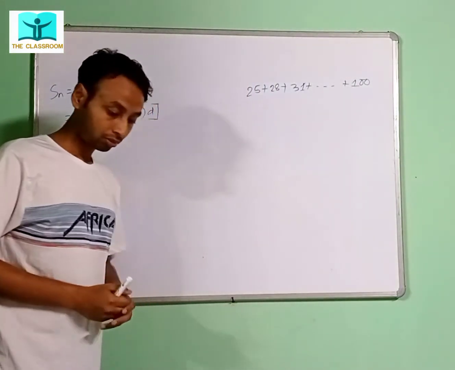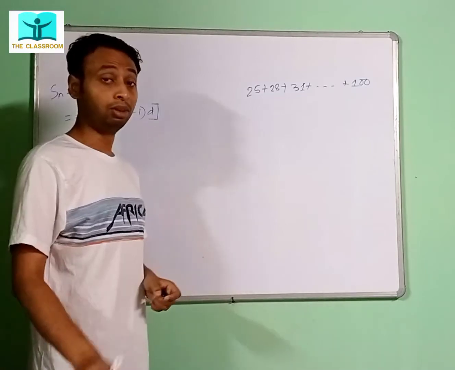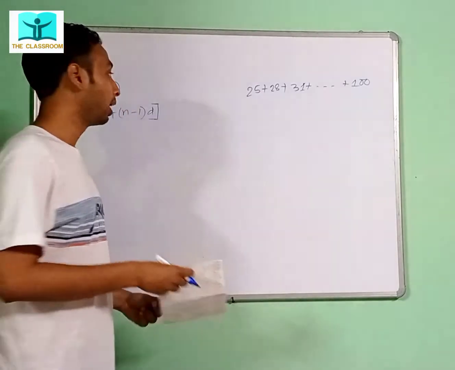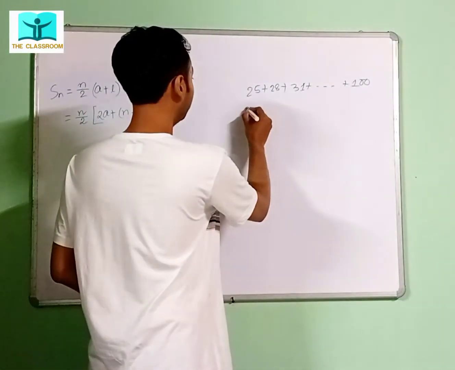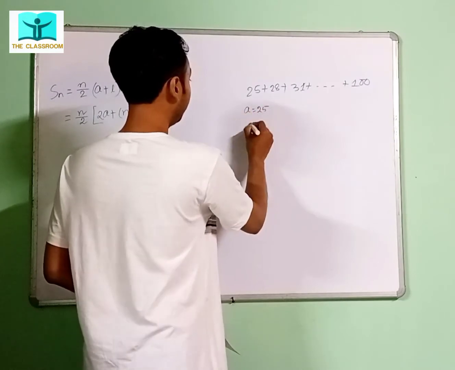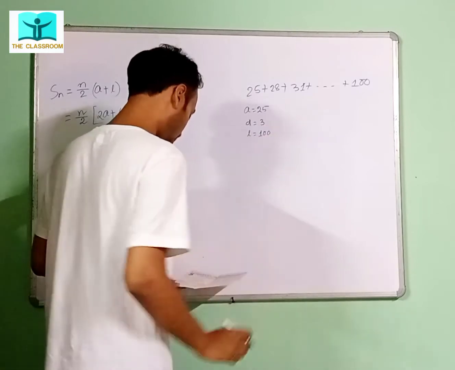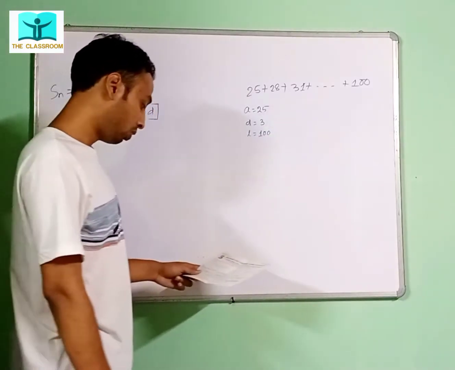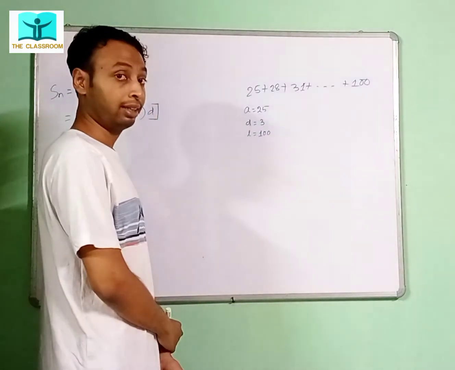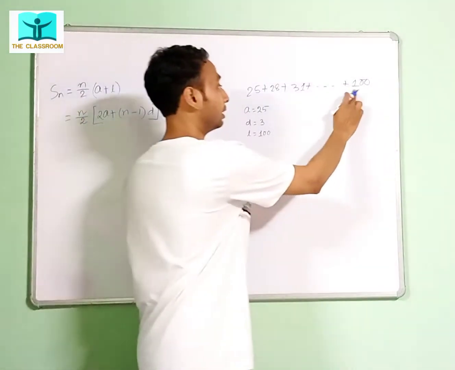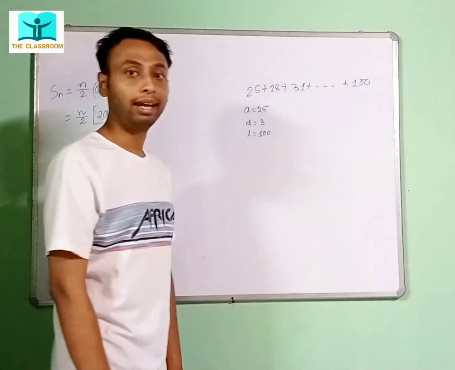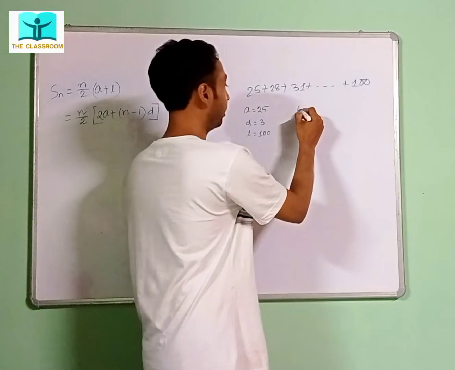How? First of all, write down the information. A equals 25, d equals 3, l equals 100. So Tn equals 100, that is the last term.